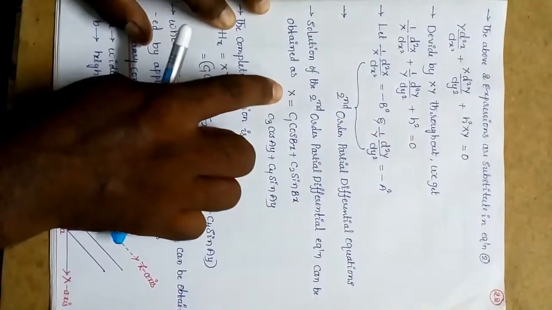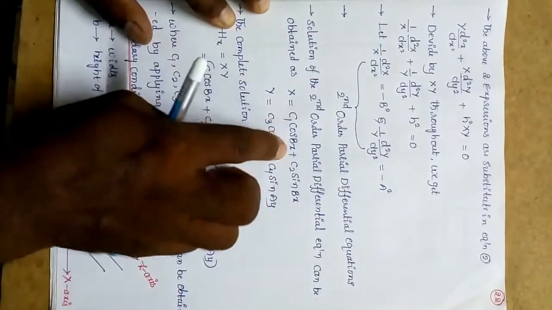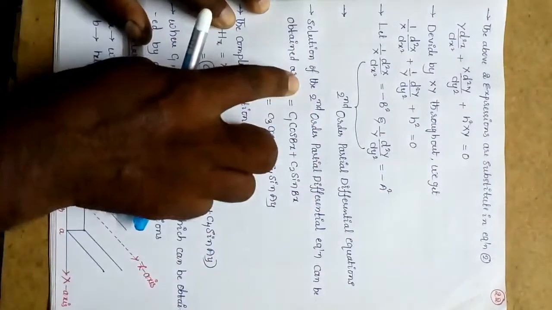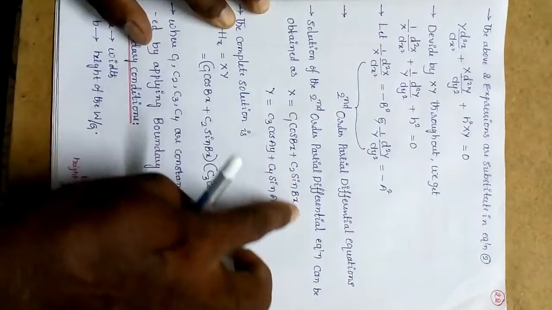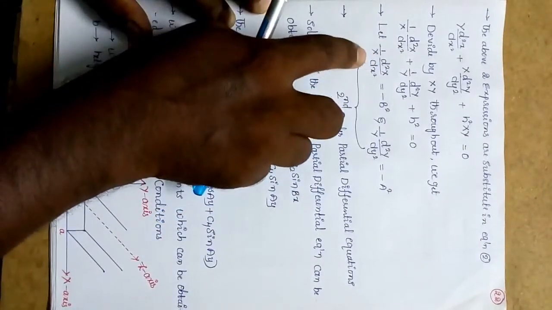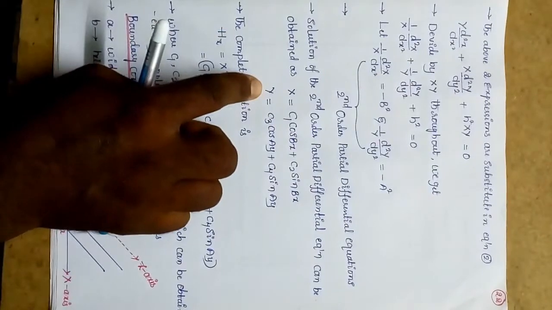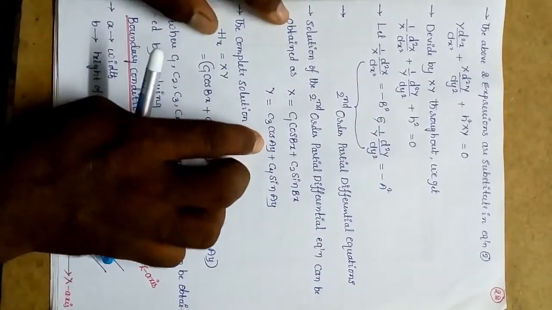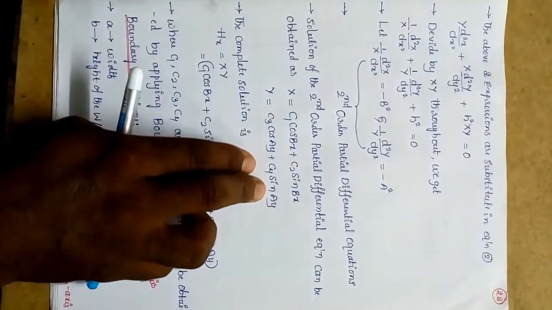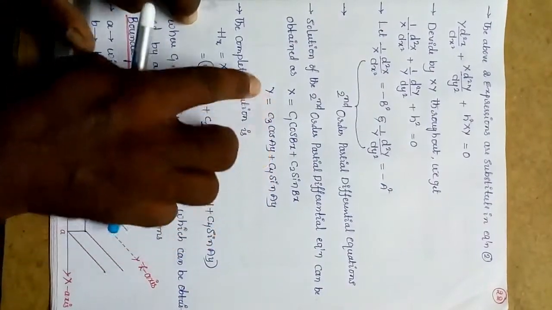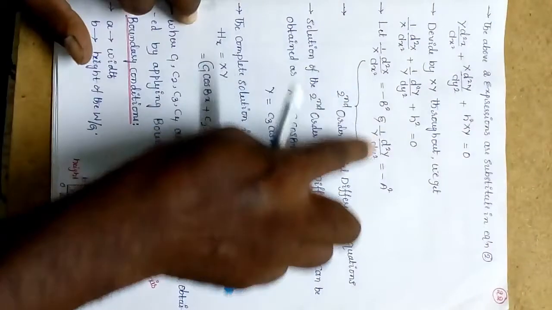X is equal to what? C1 into cos bx plus C2 into sin bx. This is the solution of the second order partial differential equation for the 1 by x term, that means the x term simply. Next, capital Y is equal to C3 cos ay plus C4 sin ay, and this is the solution of the second order partial differential equation for this one.